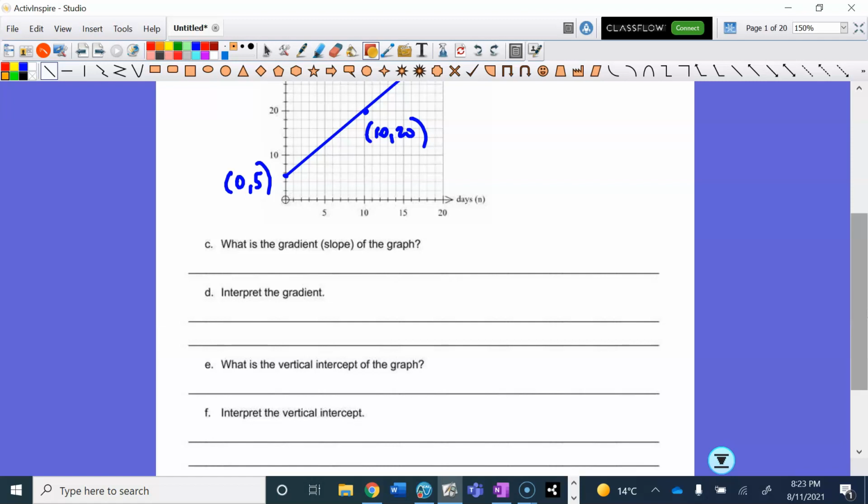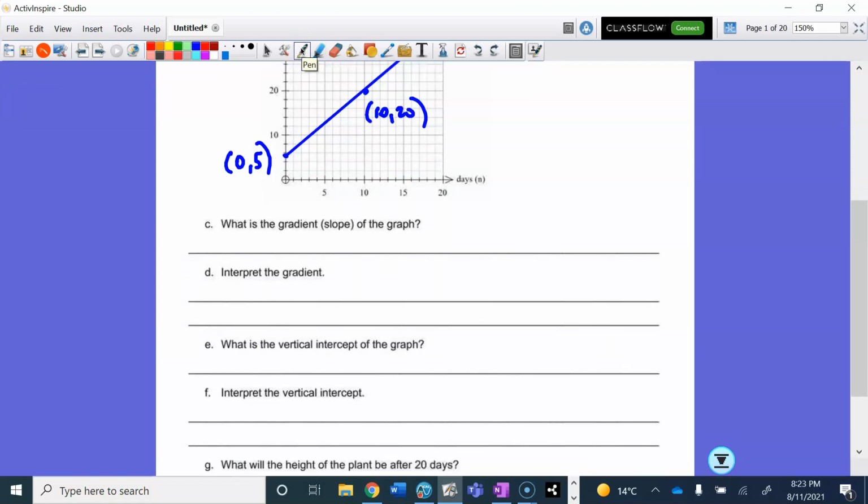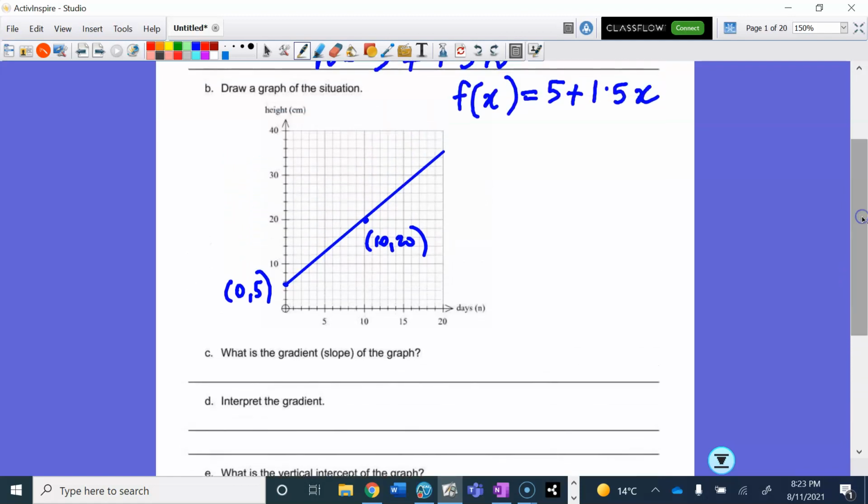Okay, so when you're looking at this one, what's the gradient? What's the y-intercept? Our rule up here was height is equal to 5 plus 1.5 n. So two numbers there that we're interested in, 5 and 1.5.